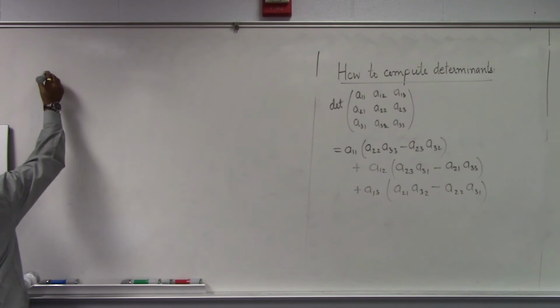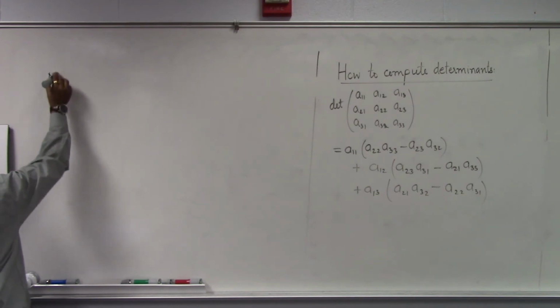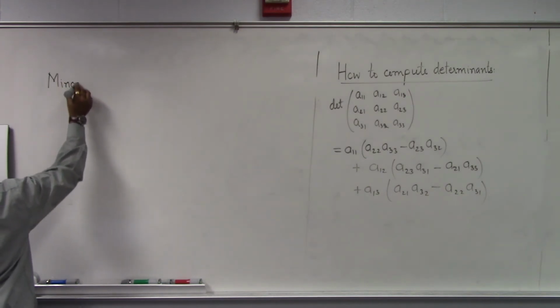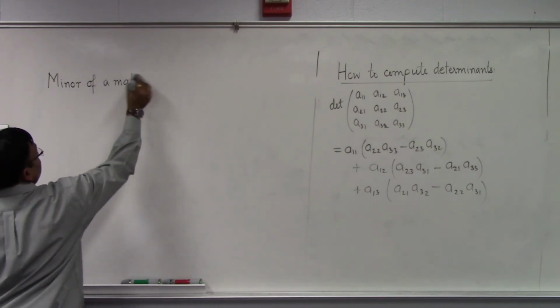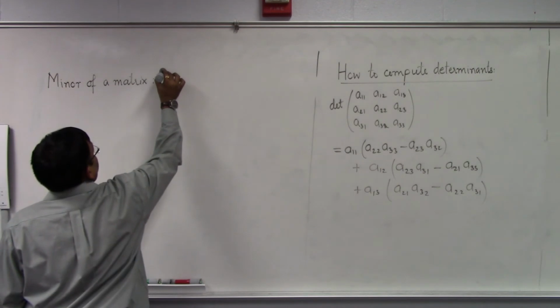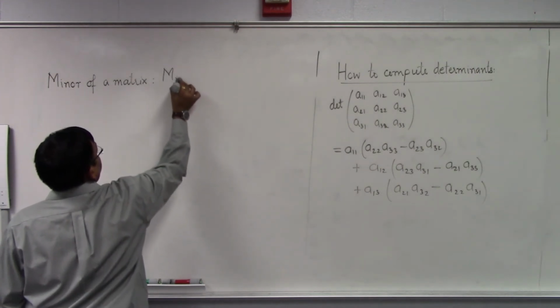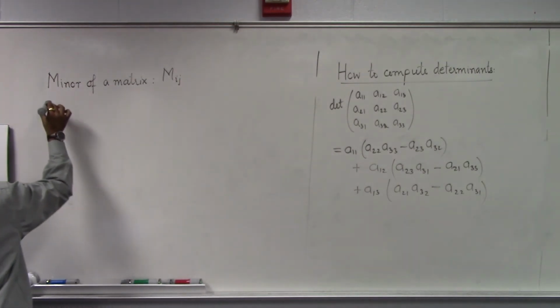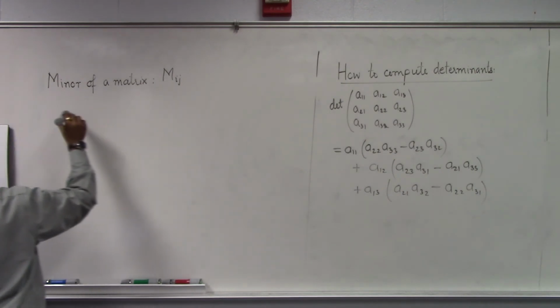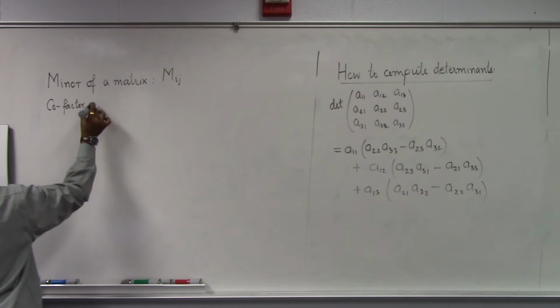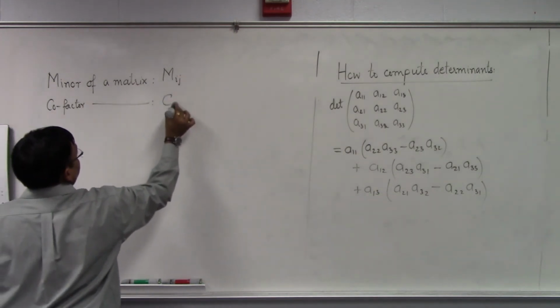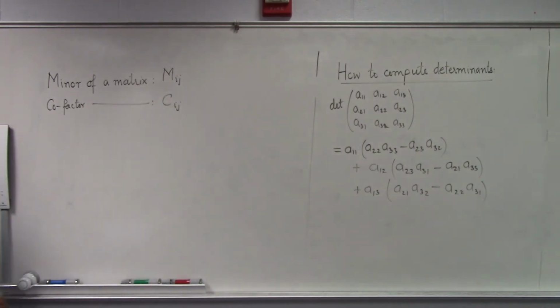So let's first talk about the minor of a matrix, and we will denote it by Mij. Then we will talk about the cofactor of a matrix, which we will denote by Cij.